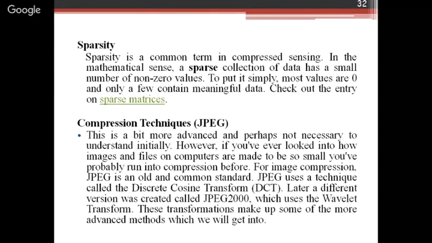JPEG is a quite old and common standard, and there they use the DCT, that is the discrete cosine transform. Again, the sparsity is there. Its new version is called JPEG 2000, which uses the wavelet transform. So the transform is very important in order to get better compression.